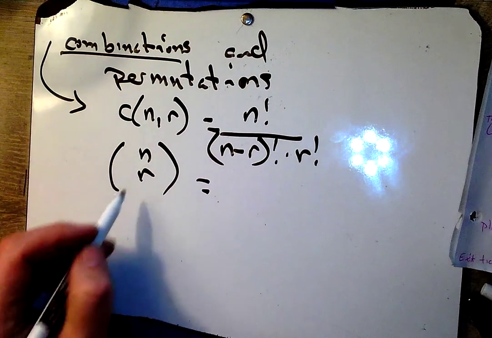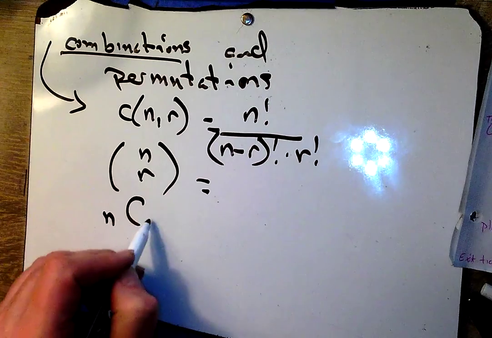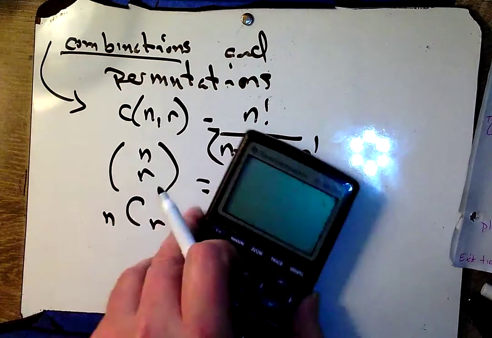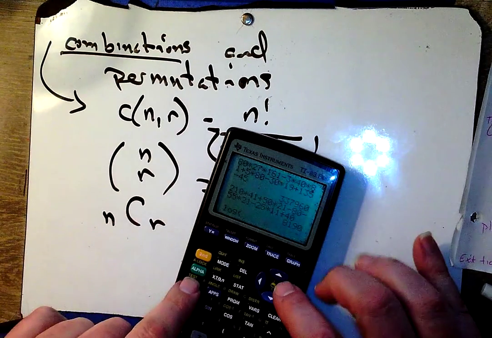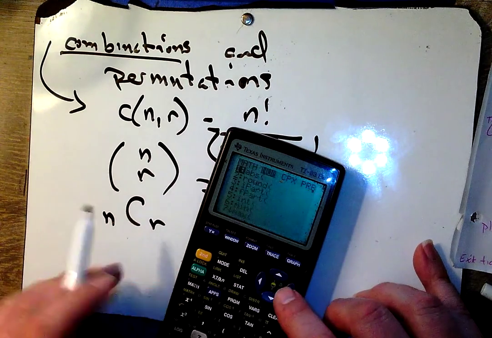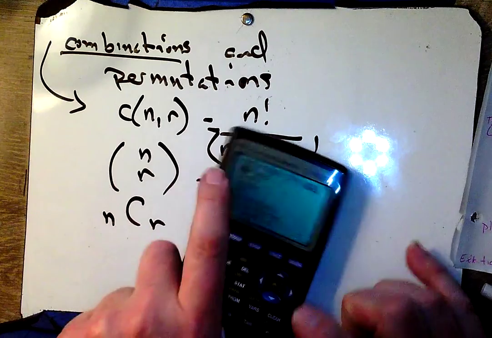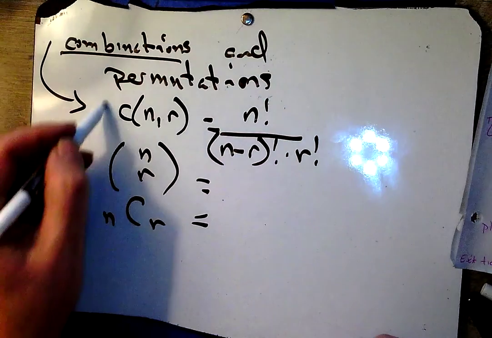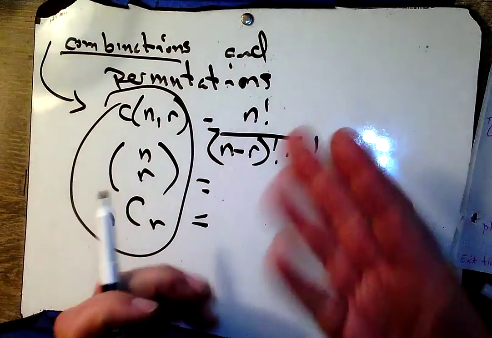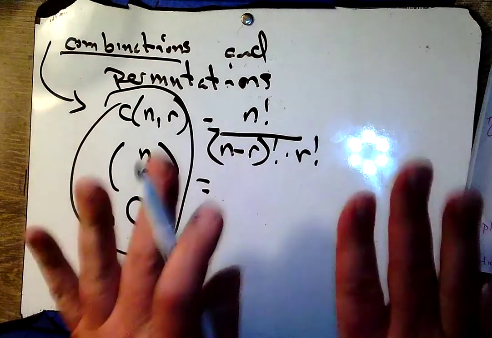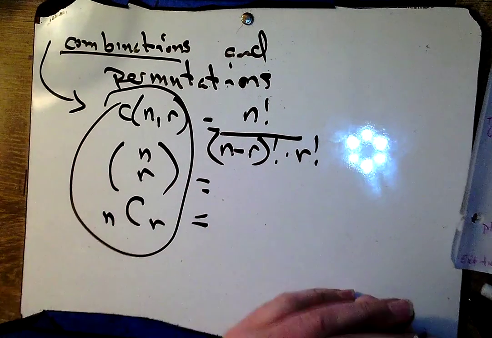And my calculator says nCr. Yeah, look. If I go over to math and here probability, look, nCr. Okay. So all of these mean the same thing. They mean this. And I don't want you to do this by hand. I'd like you to use your calculator.